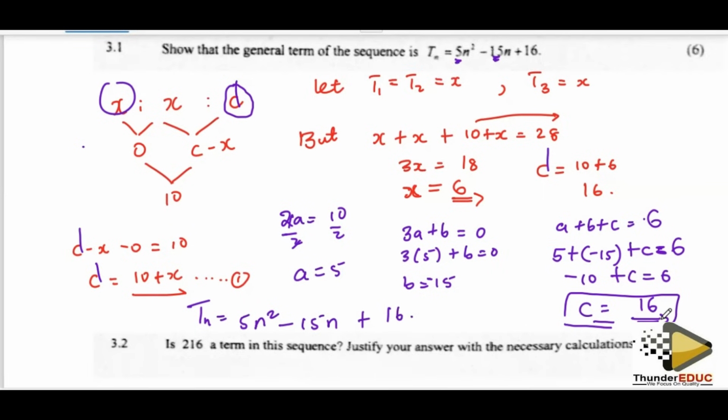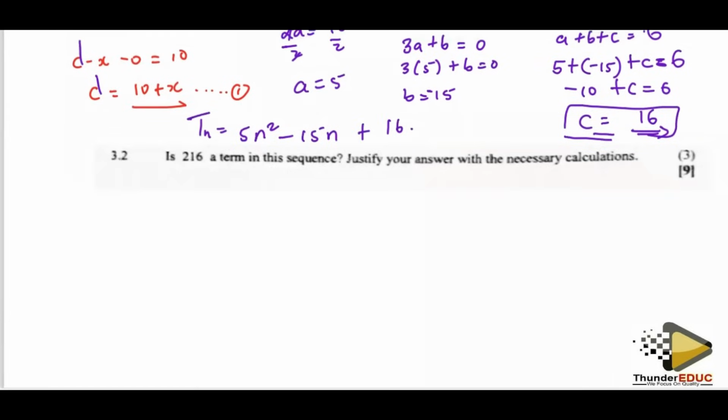A positive 16. Okay, so that is that with question 3.1. Then 3.2: is 216 a term in this sequence? So for us to justify this, we need to equate this whole expression 5n squared minus 15n plus 16 to 216 and find what position it represents.